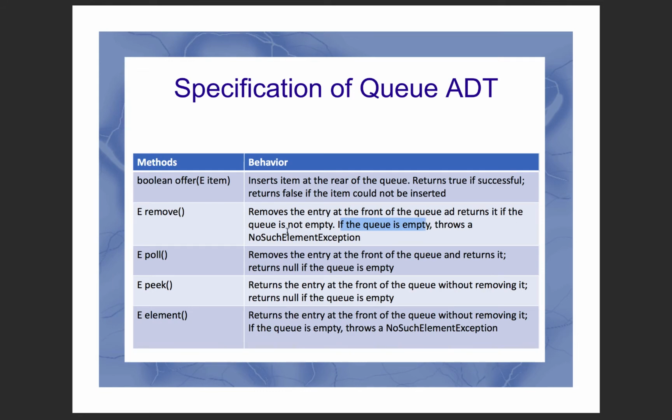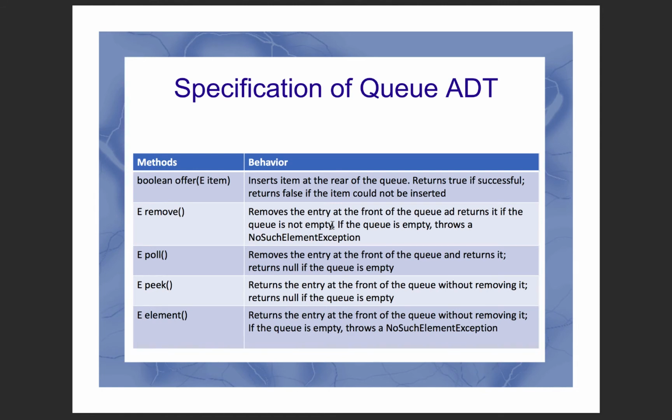That makes sense, because if you want to remove something, you must have some element in the queue. This exception type is NoSuchElementException. That means there is no element in the queue.